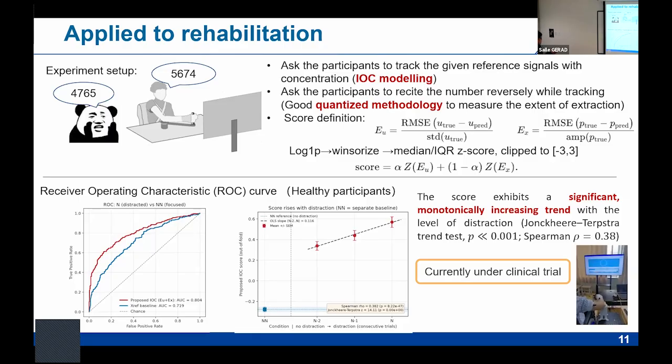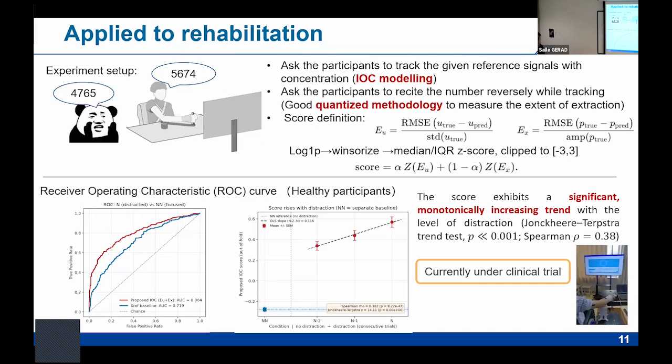So we draw this ROC curve. It's like a classification, saying whether your patient is truly distracted or not. You can see that the red line is based on our score, and the blue one is if we use the reference signal itself as a model.